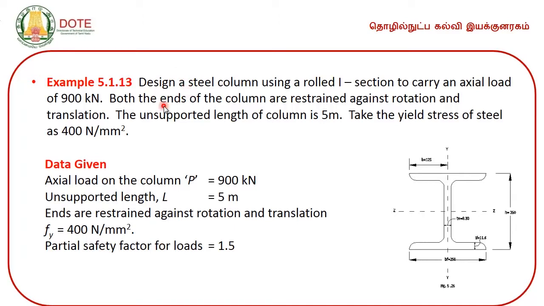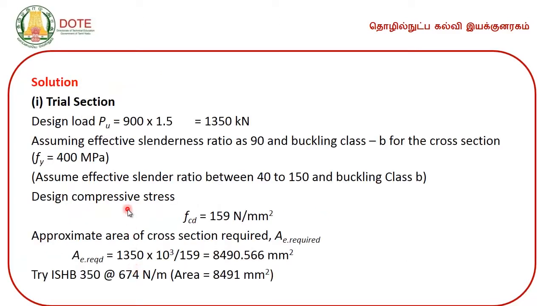for the given load. So, again initially we have to assume the permissible stress. Of course, these are all the steps to select a suitable section, and we have to assume the slenderness ratio. Based on the slenderness ratio and the buckling class we can assume the FCD value, and based on the FCD value and the design load we can calculate the AE required, that is the approximate effective area required.